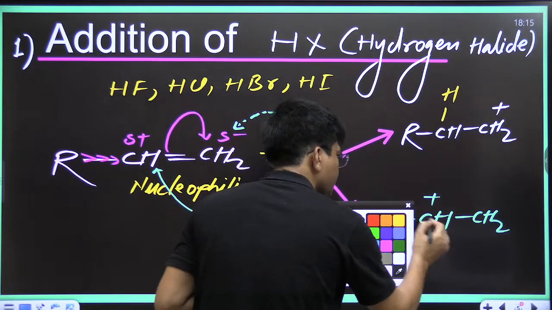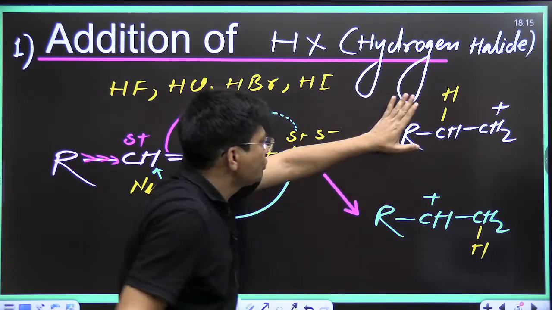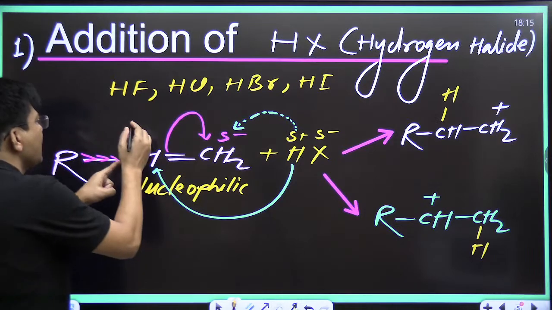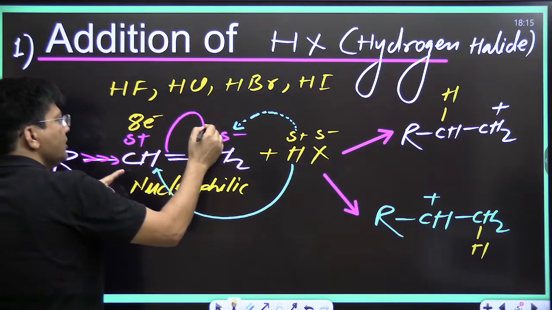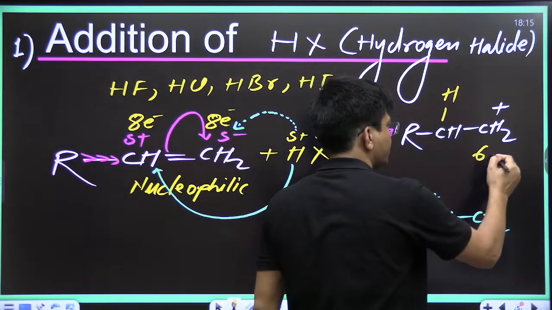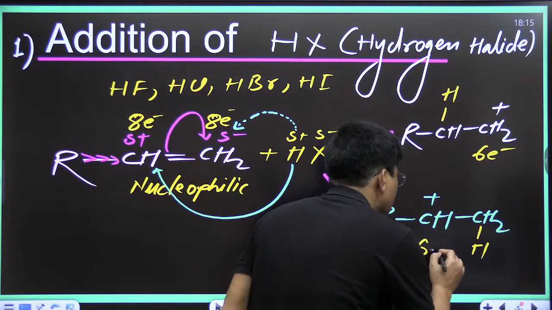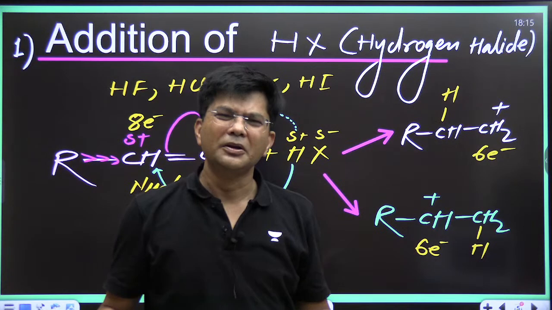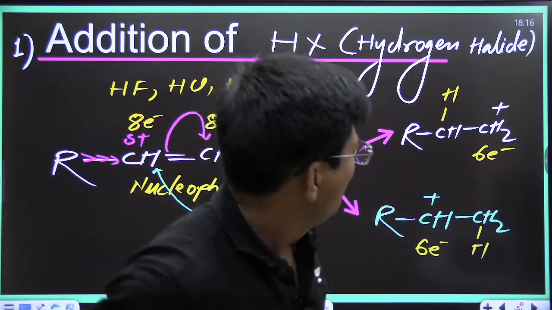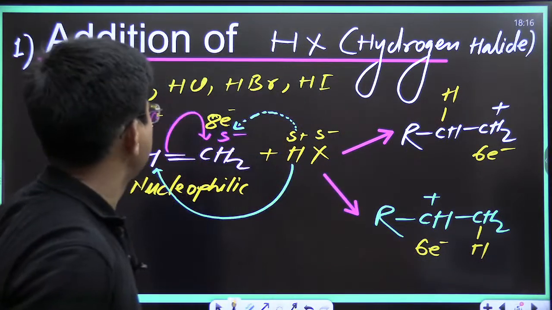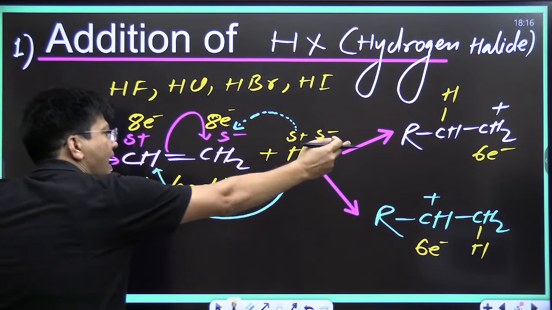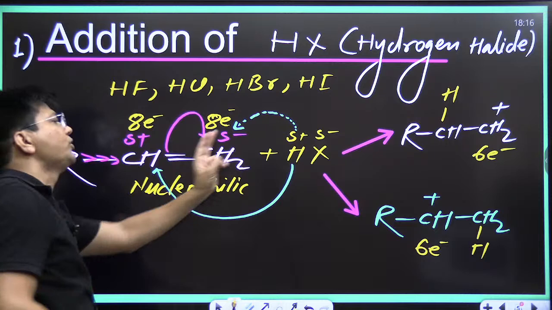My dear students, you can see two types of carbocations you got. You know that here the carbon has 8 electrons, but this carbon has just 6 electrons. What do you think? This carbon must be crying, oh mommy, I have become electron deficient. Does this compound want to go to that side, or doesn't it want to go that side?